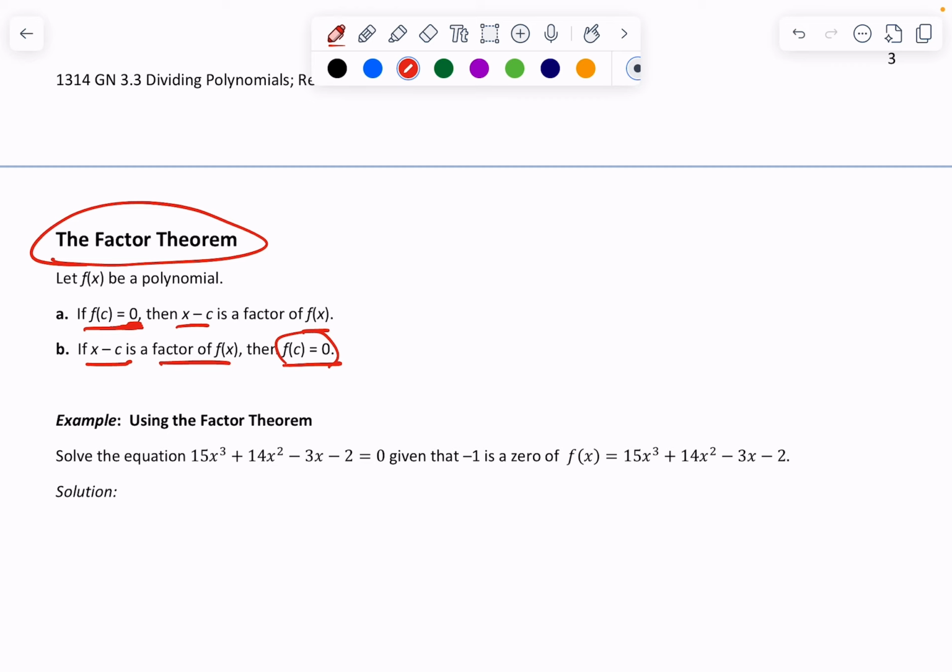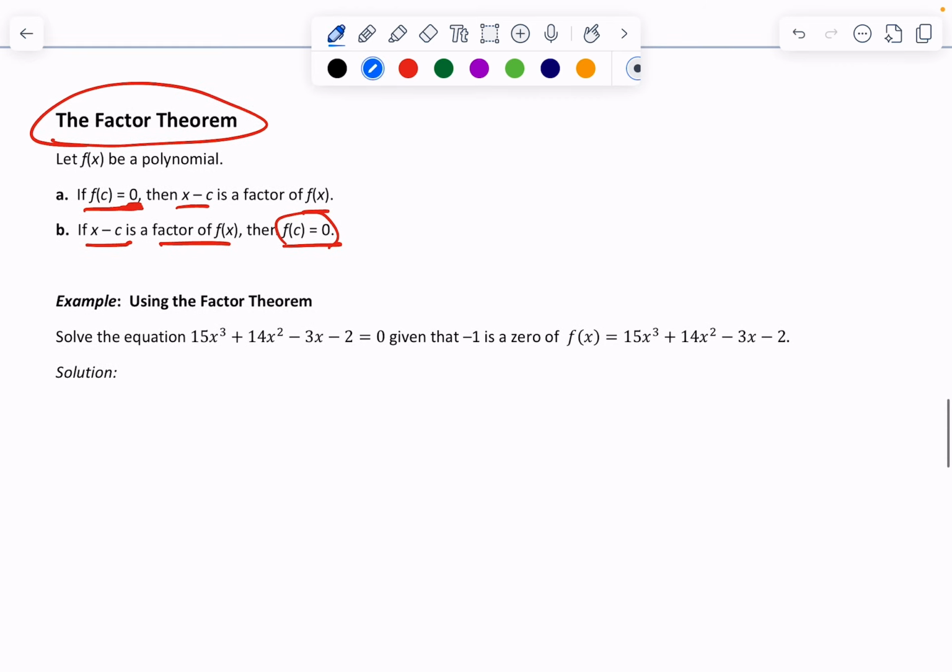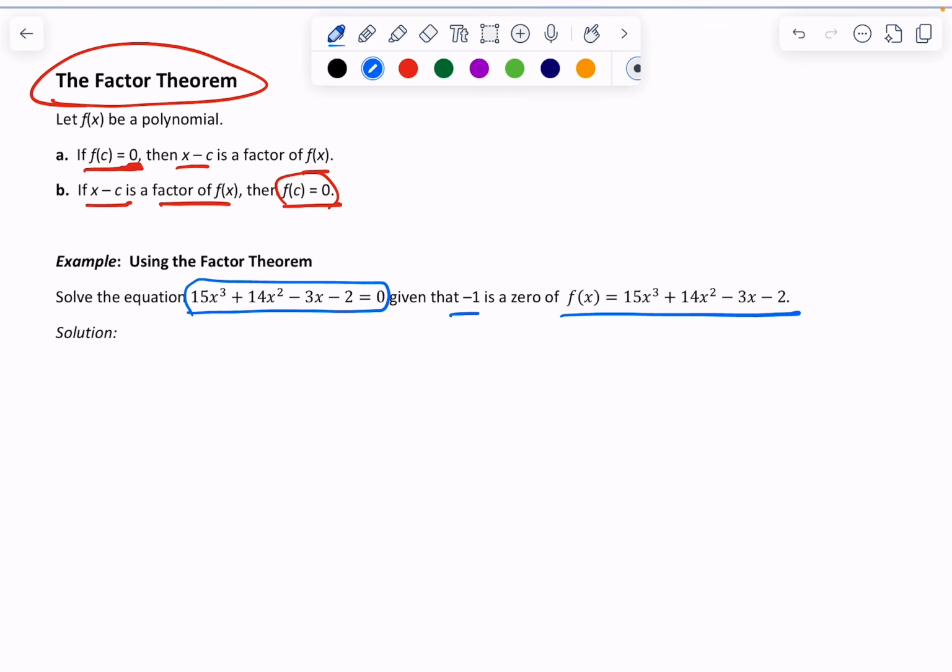Okay, so let's see what this means. We are solving this equation given that negative 1 is a 0 of that function. So f of negative 1 is going to be 0.